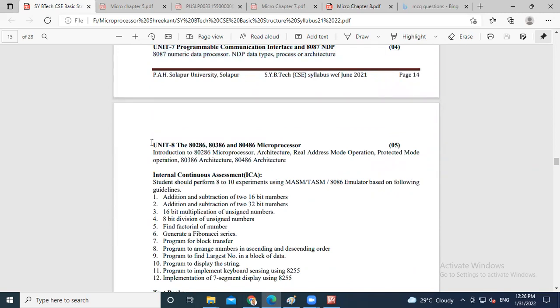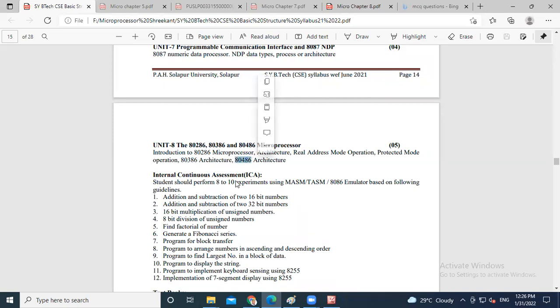So today I will start with unit number 8. This is the last unit in your syllabus for this semester. In this unit number 8, again 3 microprocessor chips we have to study. The architecture of these 3 microprocessor chips, those are nothing but 80286, 80386, and 80486.